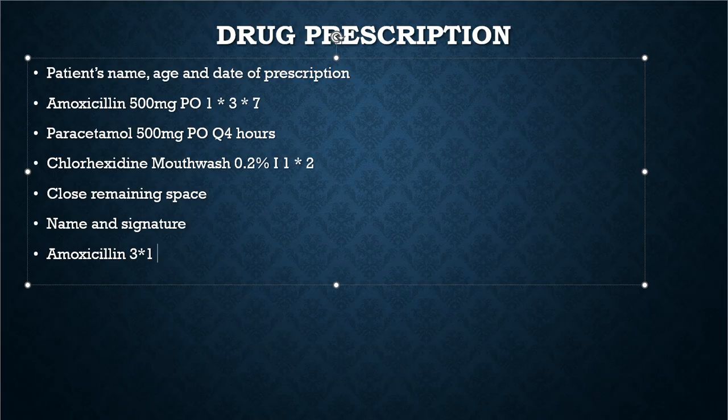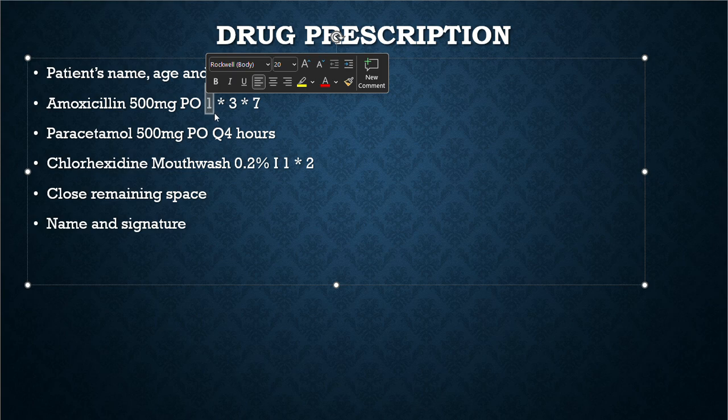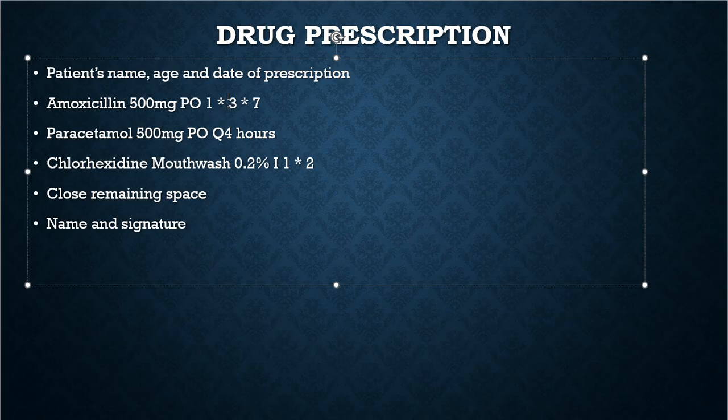So that's why we need to be careful when we write the prescription. To simplify it, the first number here says how many pills we're going to take per 1 time. Here, the 3, the frequency. So once, 1 time, 3 times, 4 times, depending. And 7, or the last number, is the duration.